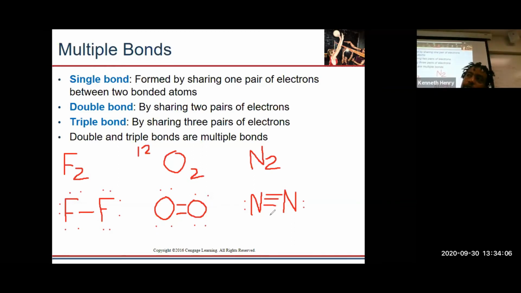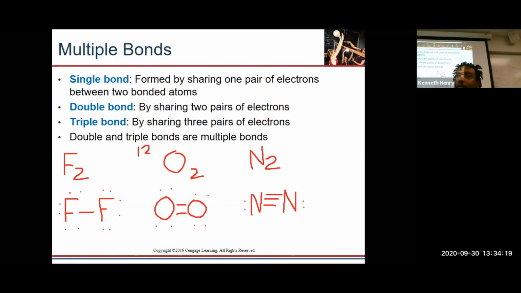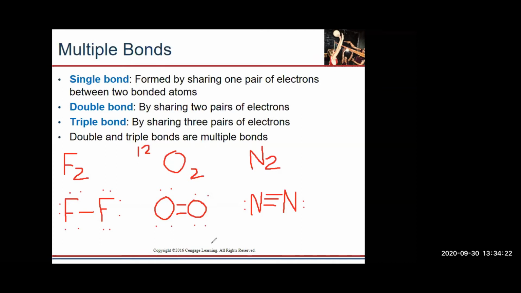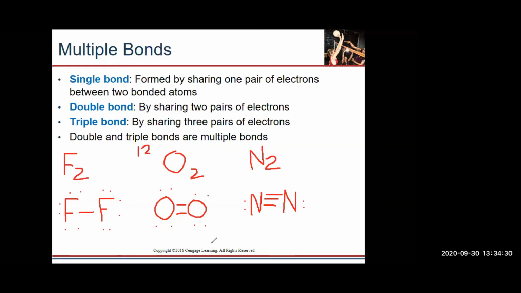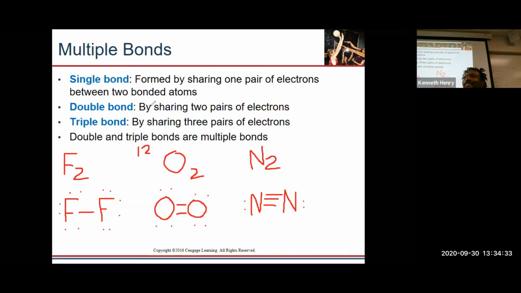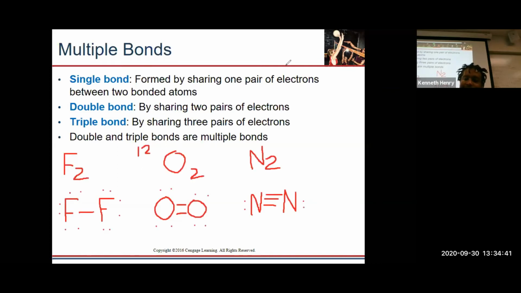That's 2, 4, 6, 8 for each. Piece of cake? Good. All of them are supposed to end up with 8, in most cases. There will be some exceptions, and we will talk about some of those exceptions. Did everybody get that?